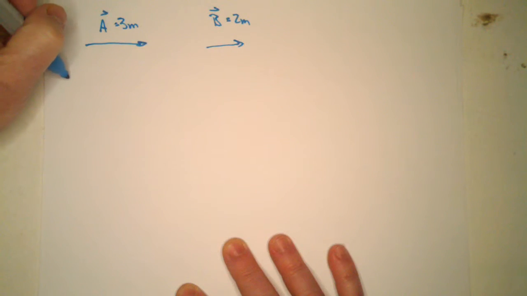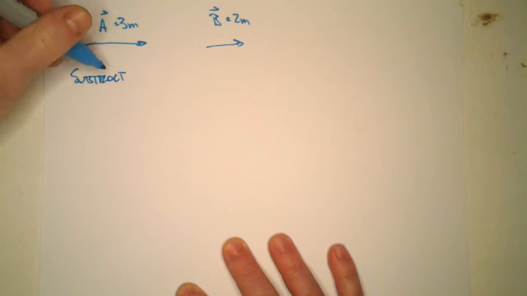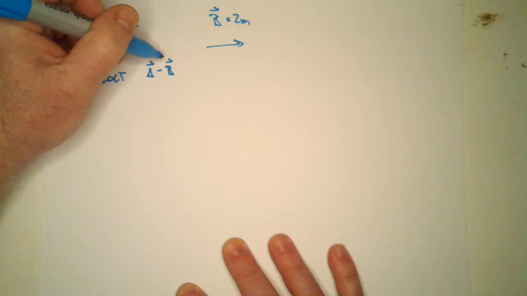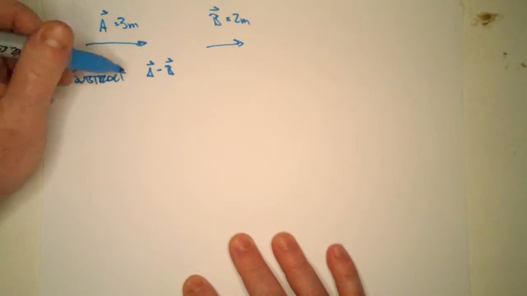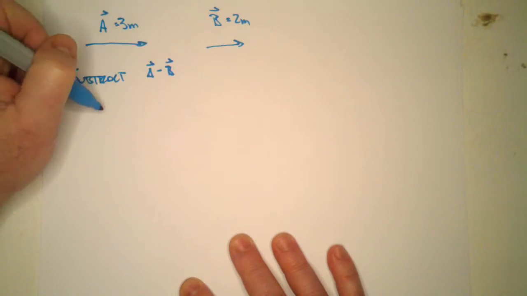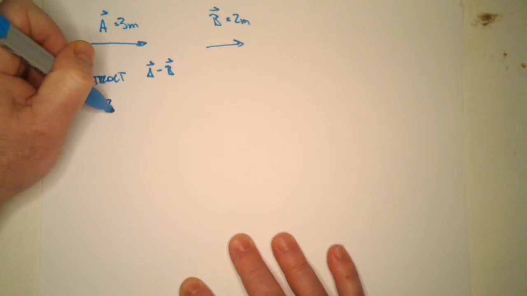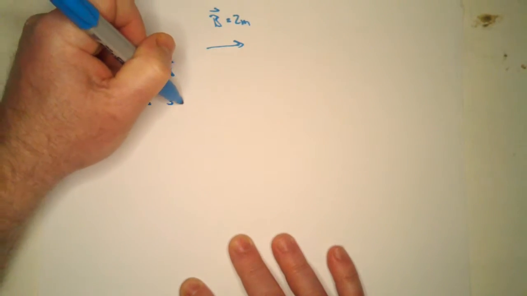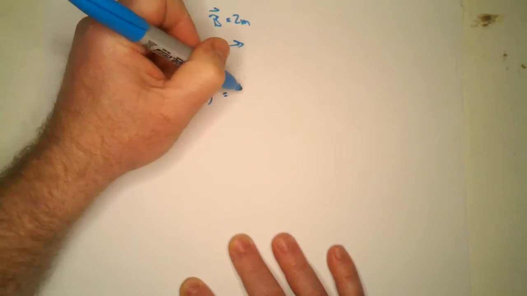So to subtract, vector A minus vector B. Well, if we were to just subtract their magnitudes, we would say 3 minus 2 equals 3 plus negative 2, which we know equals 1.